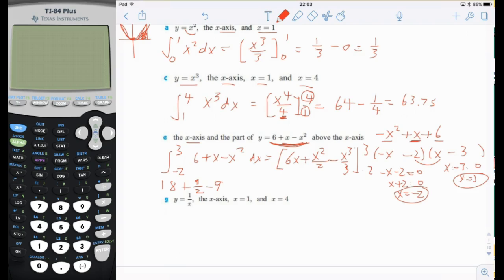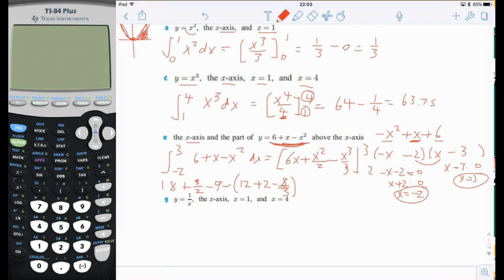And then we're going to plug in negative 2. So it's 2 times 6, which is 12, 2 squared over 2, which is 2, and we have 2 cubed over 3, which is 8 divided by 3. It's minus 8 divided by 3.